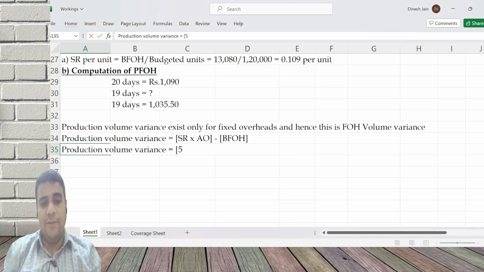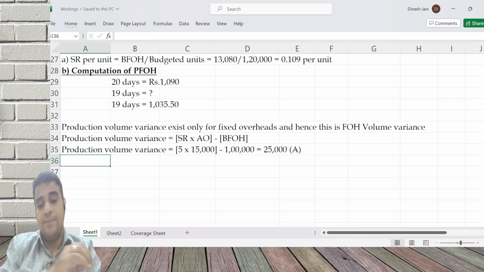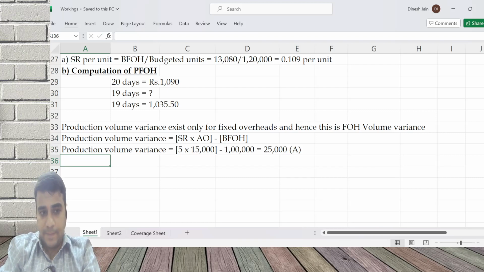So 5 into 15,000 minus 1 lakh is 25,000 adverse. That's the production volume variance.